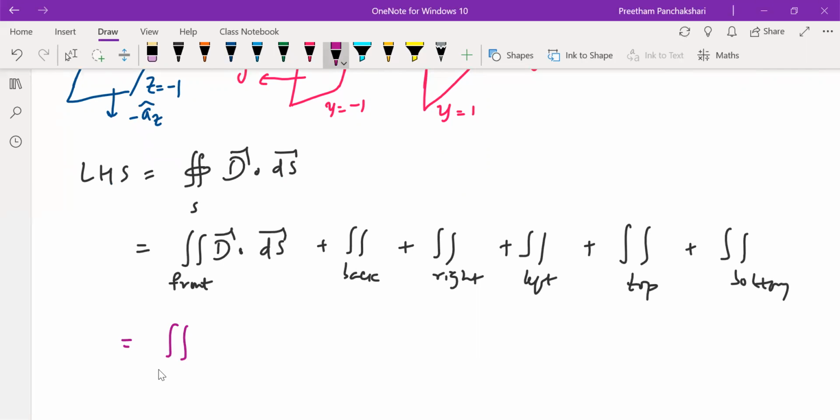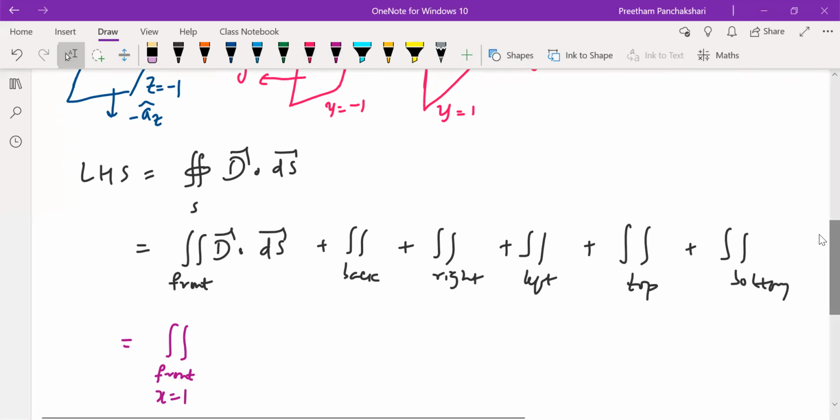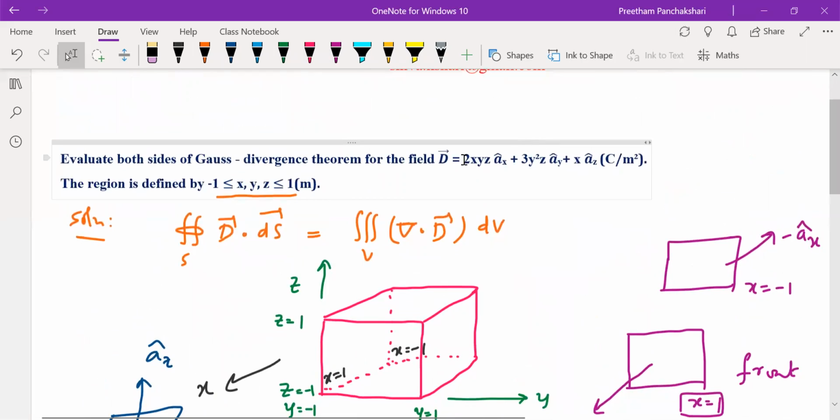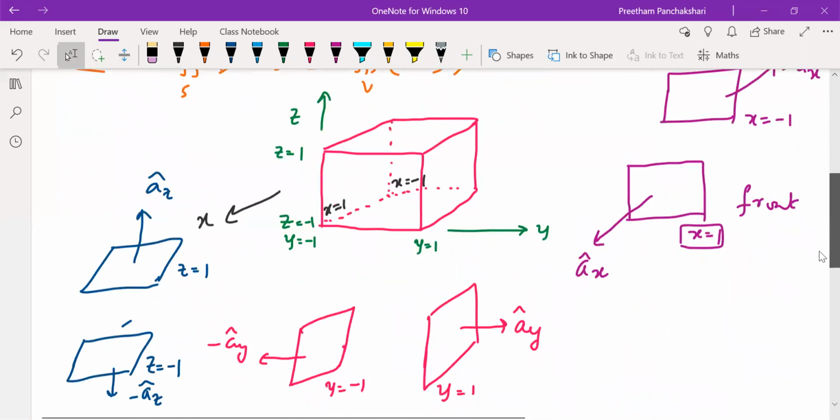First point is the front face. On the front face, x is always equal to 1, keep that in mind. Then the D value given, dot dS. Let us get back to the problem and copy the D value. D is given by the 3 components.